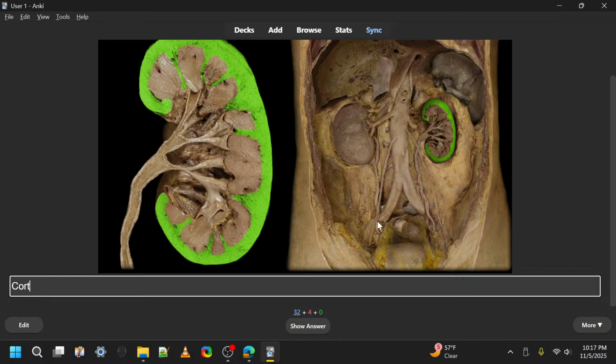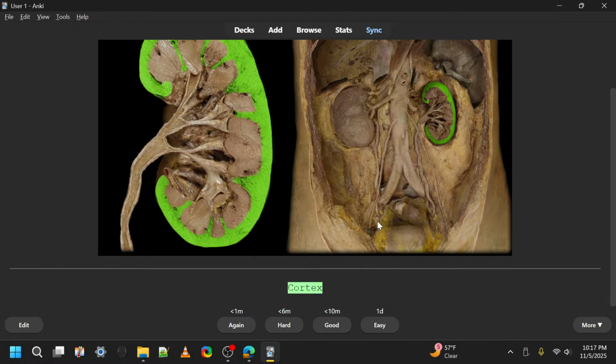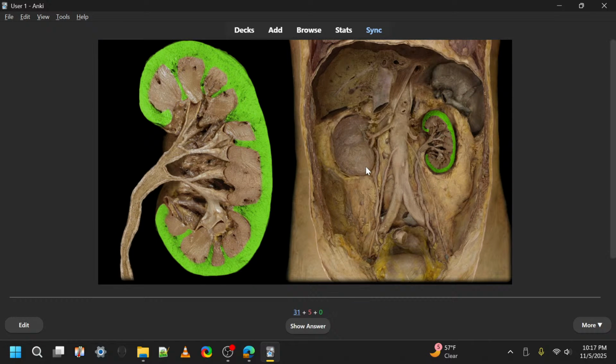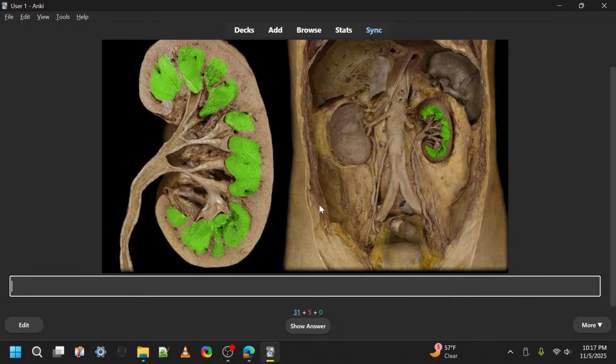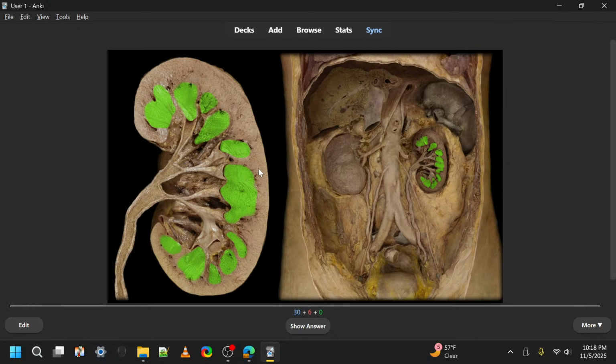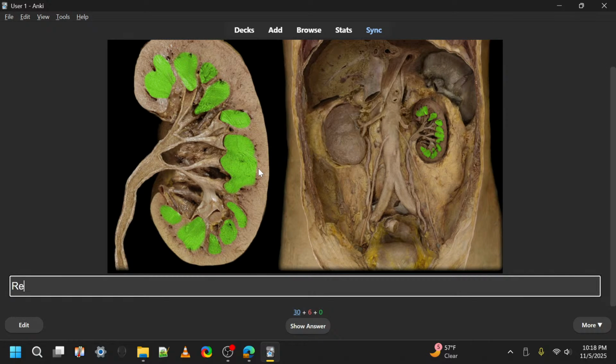This is the cortex. Yeah, it is, baby. Houses blood vessels. This is the medulla. These are the renal pyramids. There is a slight difference in the pictures, but it's whatever.